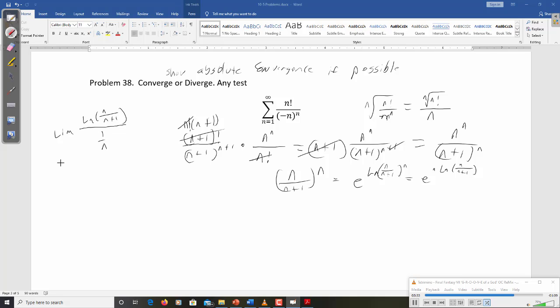You do the derivative, that's 1 over that, so n plus 1 over n, times the derivative of the inside, so that is bottom n plus 1 times the derivative of the top minus the top n times the derivative of the bottom, over the bottom squared, over the derivative of the bottom, which is negative 1 over n squared.